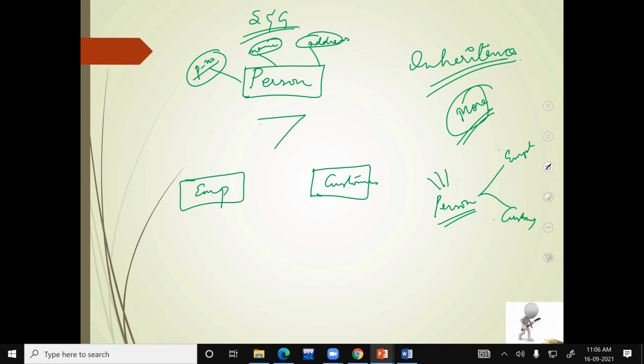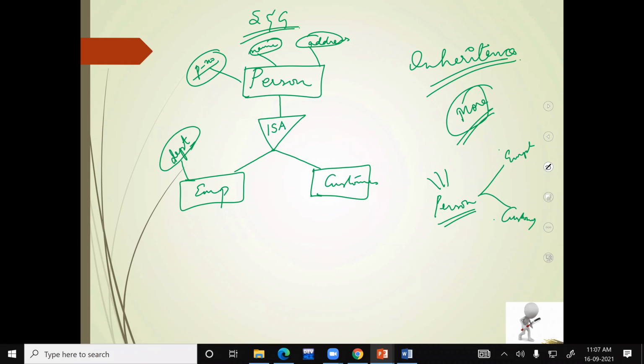You write an inverted triangle over here, and inside that inverted triangle, you write is a. So a person is either an employee or a customer. If you think about employee, you can think about an additional attribute called department.